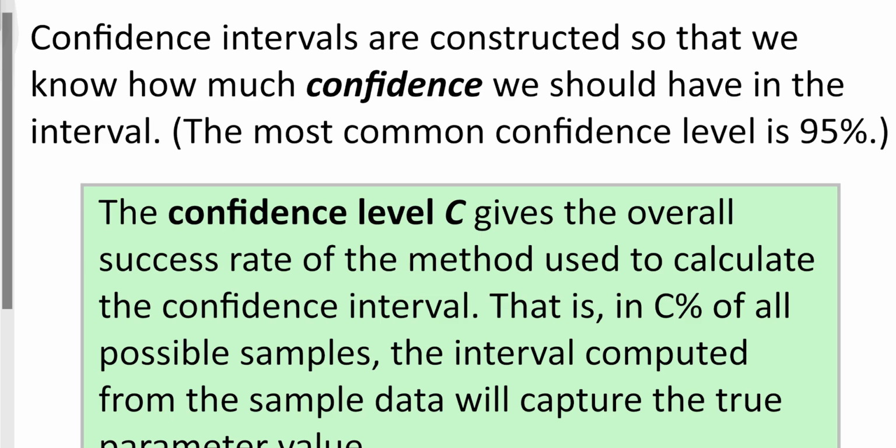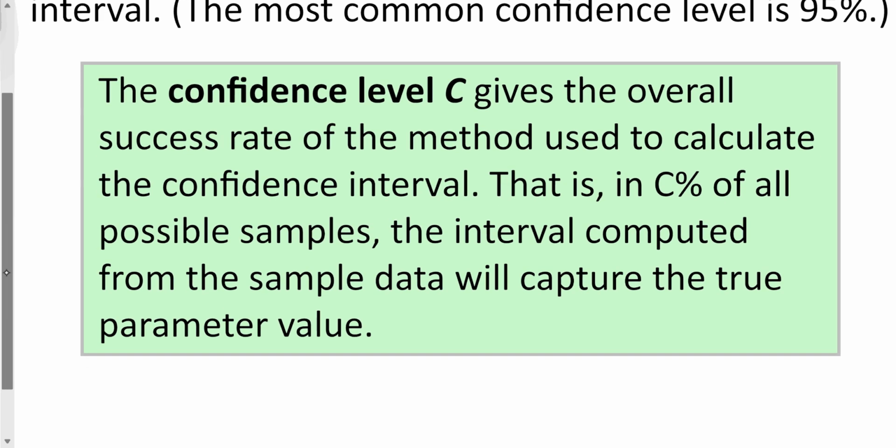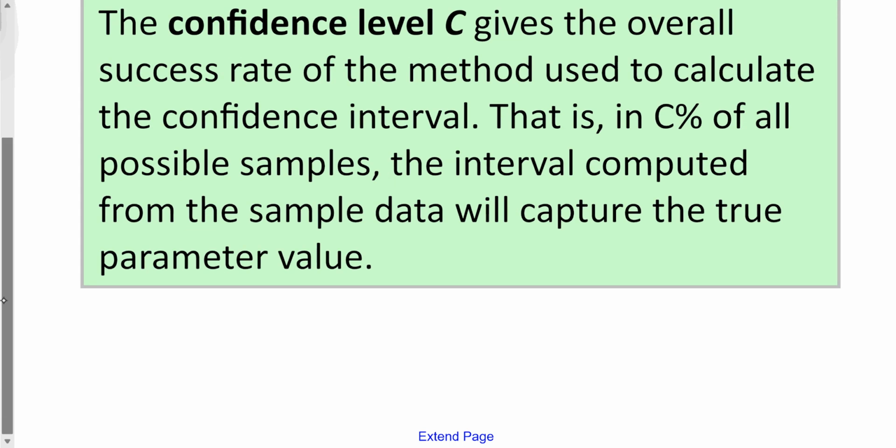That's the part that some people get a little mixed up with, like what that actually means. 95% is the most common confidence level, saying that we have a 95% confidence interval. That confidence level gives the overall success rate of the method used to calculate the confidence interval. That is that in this case, in 95% of all the possible samples, the interval should capture the true parameter. So it's also considered a capture rate.